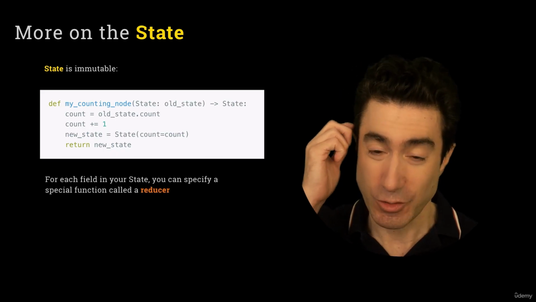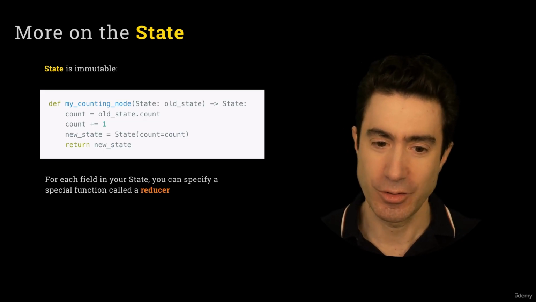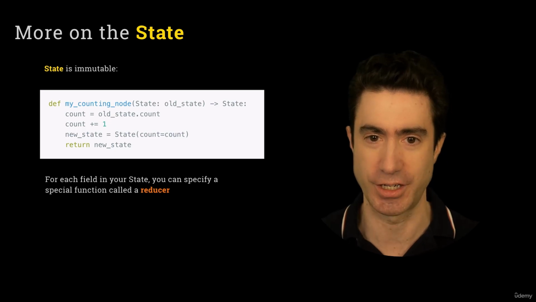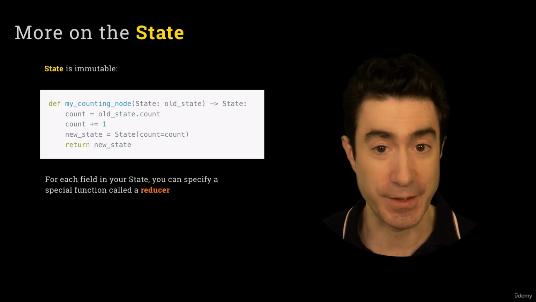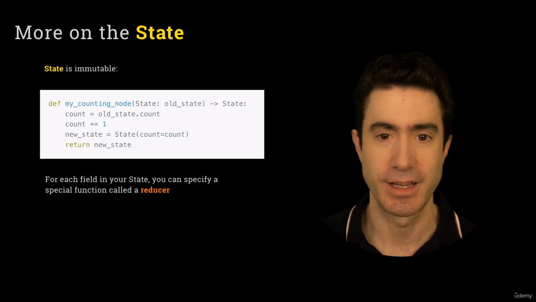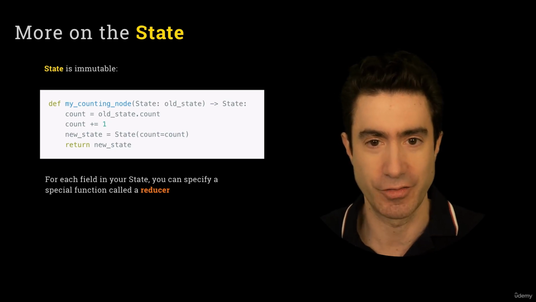So there's one more complication. For each of the fields in your state, you can optionally specify a special function to be associated with that field. And you're specifying this to LangGraph. You're saying to LangGraph, hey, I want you to know that this field in my state is a special field that has a reducer, this function called a reducer. Reducer is the technical name for this kind of function.